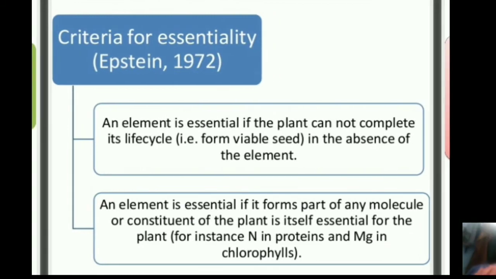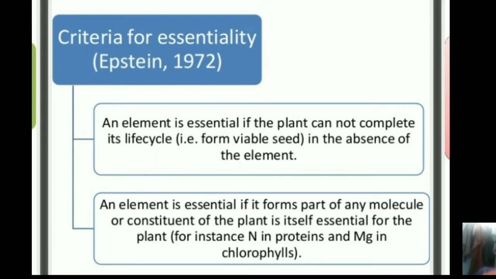And when we see the criteria for essentiality, according to Epstein in 1972, what is an essential element? An element is essential if the plant cannot complete its life cycle, that is from viable seed, in the absence of the element. So whatever the deficiency of the element, it leads to abnormality.